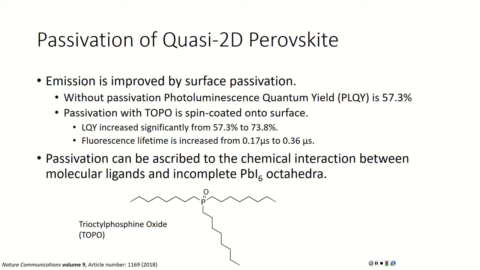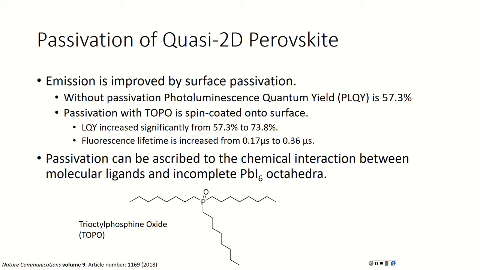Without it, the photoluminescence quantum yield was about 50%. But after introducing this, it rose by almost a quarter to nearly 75%. The fluorescence lifetime also increased to double the amount, which is amazing. It's beautiful. Makes me cry a little bit thinking about it.